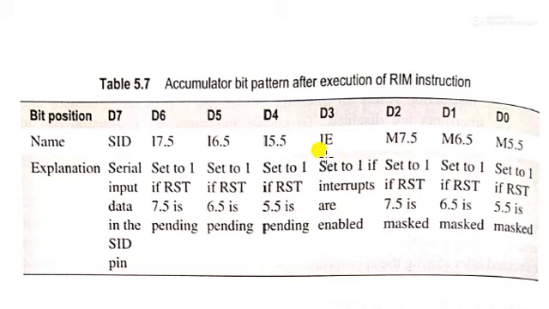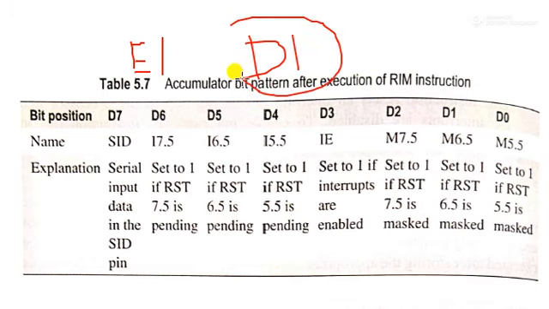At the time of the 8085 instructions, we read two instructions, EI and DI, enable interrupt and disable interrupt. Disable interrupt means all the interrupts at a time will be disabled.